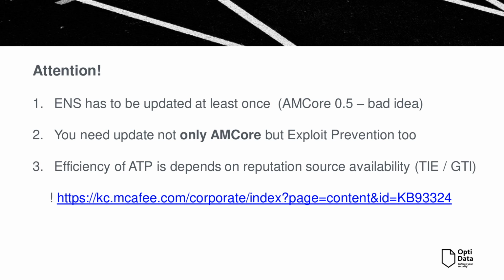Exploit prevention may update once per month, but you still need to update them. And if we use Adaptive Threat Protection, the efficiency of this module depends on reputation source availability.